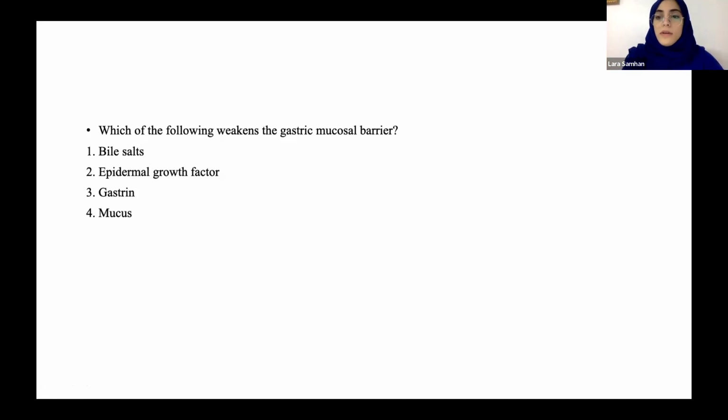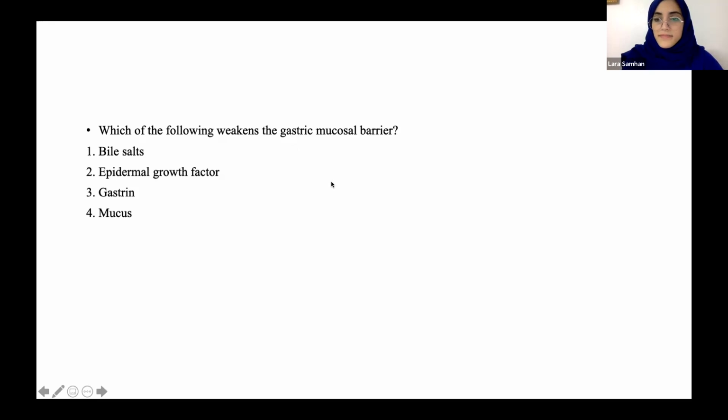Okay. So the bile salt is usually available in an alkaline environment, in the duodenum or in the small intestine in general. So if we have this bile salt in the stomach, it's definitely going to disturb the pH of the stomach and cause weakness and abnormalities.